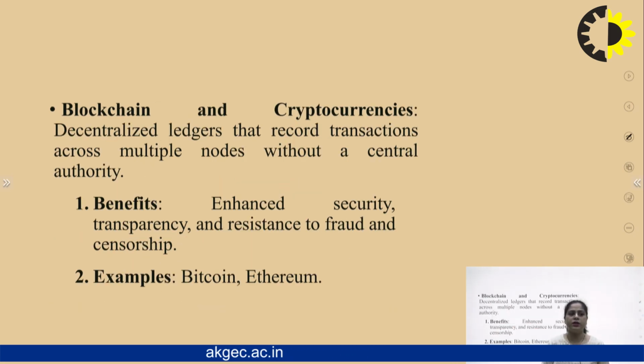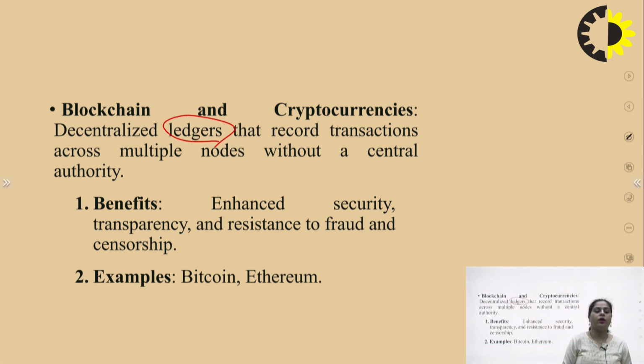Blockchain and cryptocurrency: decentralized ledgers. Ledgers are nothing but records. A ledger is like a digital notebook in which all the transaction updates are recorded. A decentralized ledger records transactions across multiple nodes without a central authority. There is no central authority for this ledger.